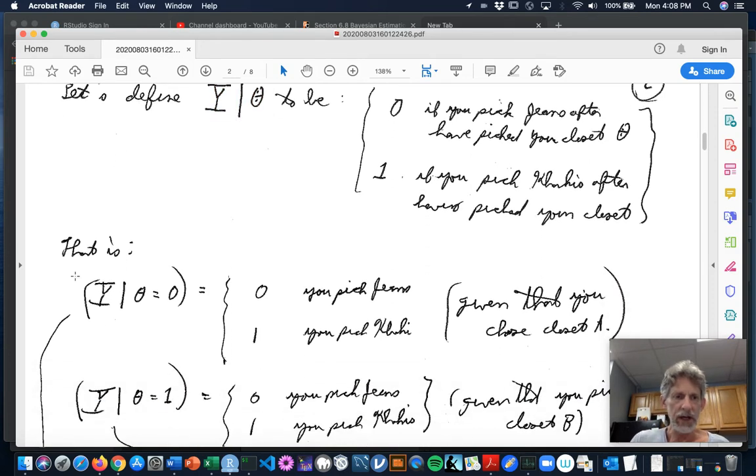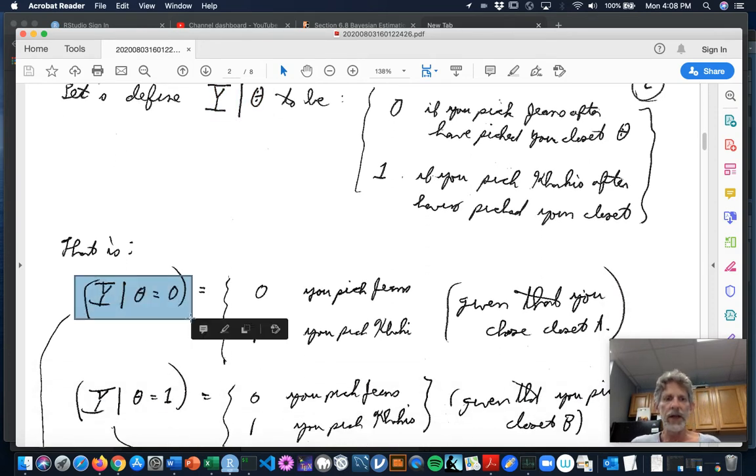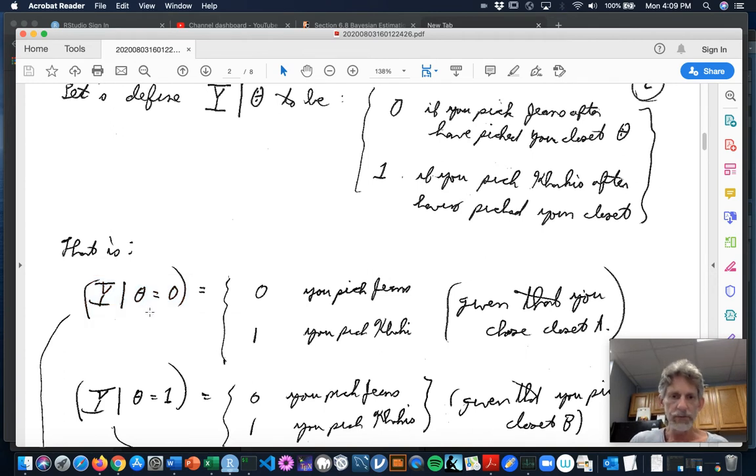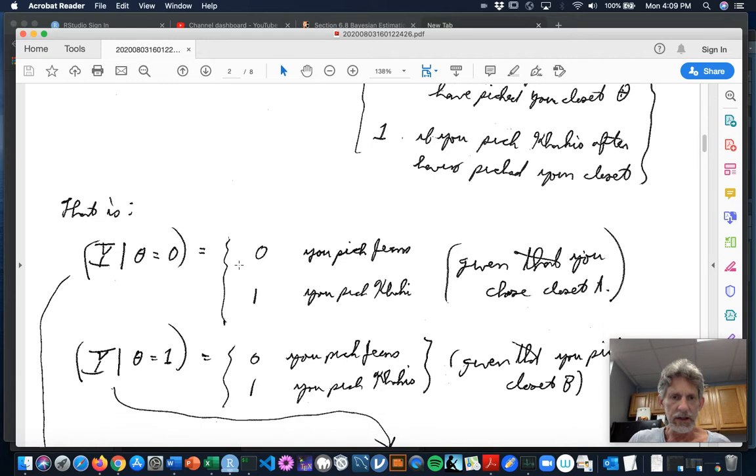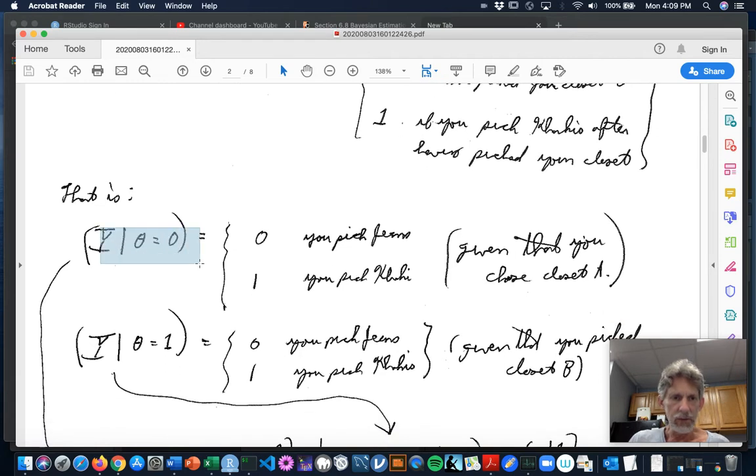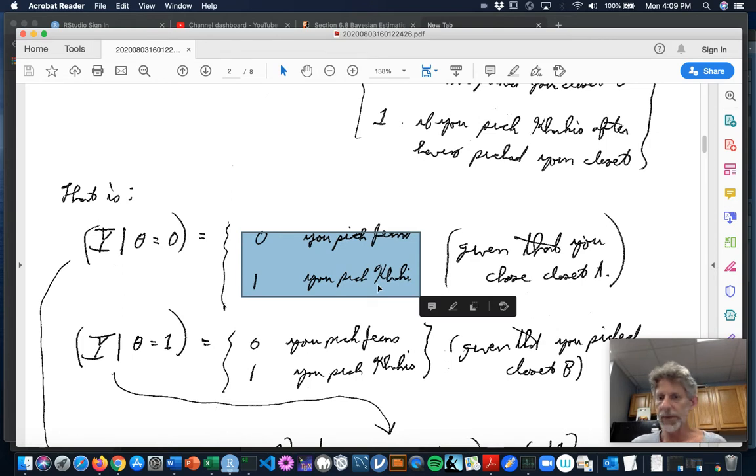So there's a capital Y given that the closet you've picked is closet A, where the little theta is 0, okay, little theta is a possible value of capital theta. And that random variable, I'm going to call that 0 if you pick jeans and 1 if you pick khakis.